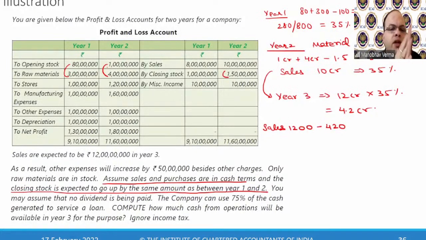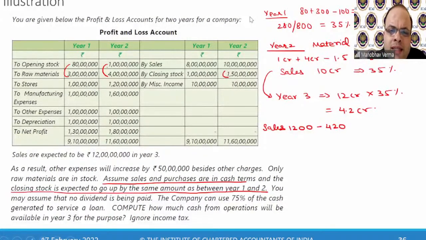Great. Charu, thanks for confirming. Now we have the sales and we have 420 in terms of the material consumed. What about the stores? Do we have any information about the stores, guys? So I think they have given us the stores increase.